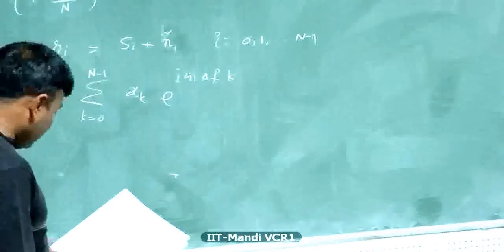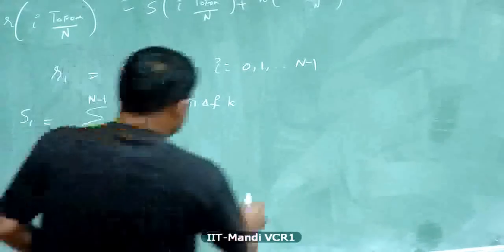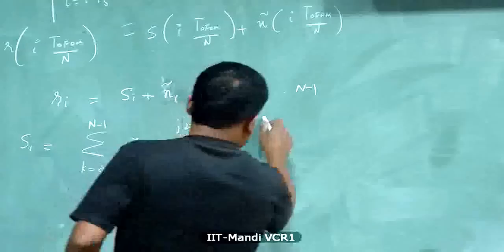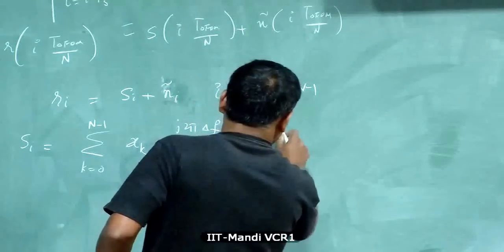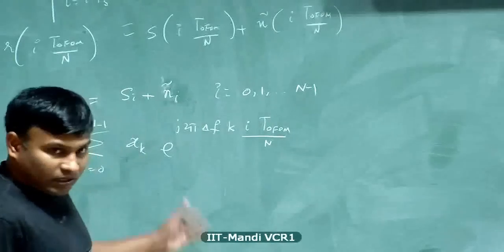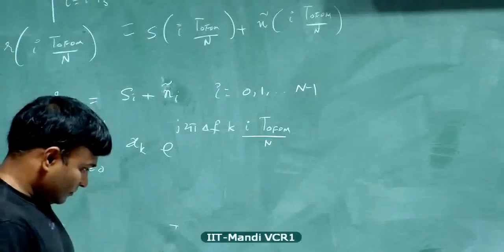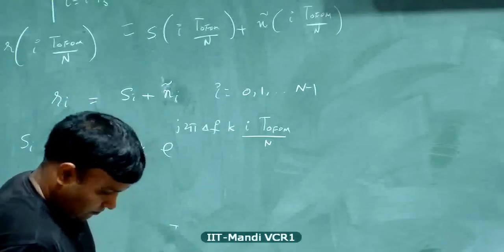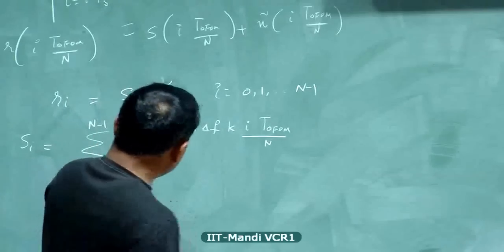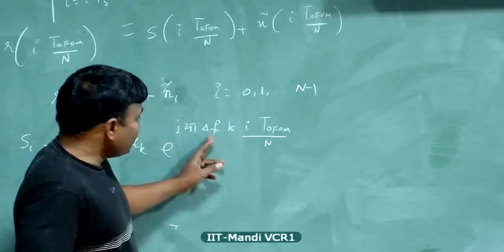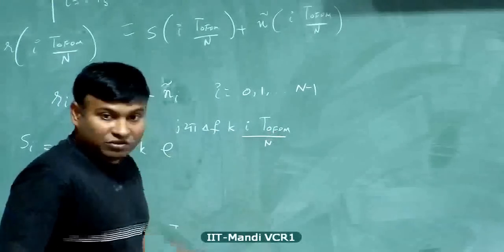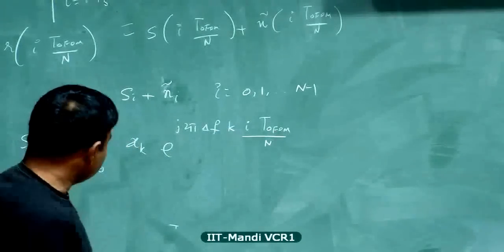So with t being substituted as i times Ts, and Ts is T OFDM by N. And we do know that delta f is equal to 1 over T OFDM, or in other words, delta f multiplied by T OFDM is unity.